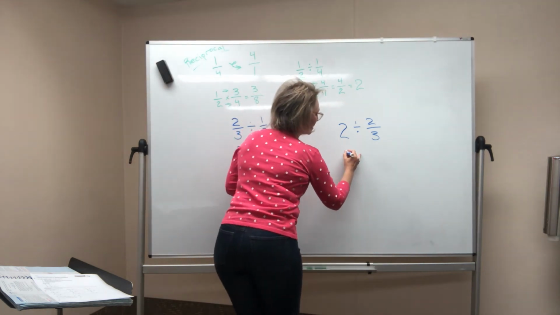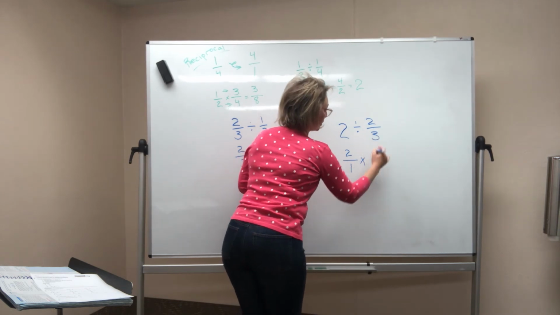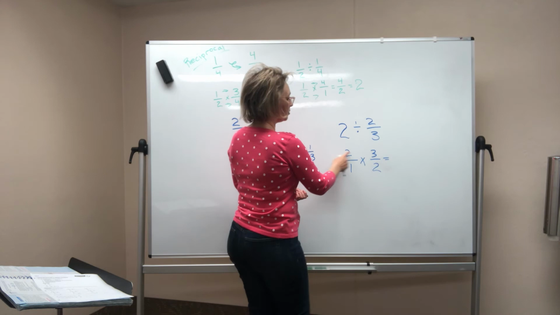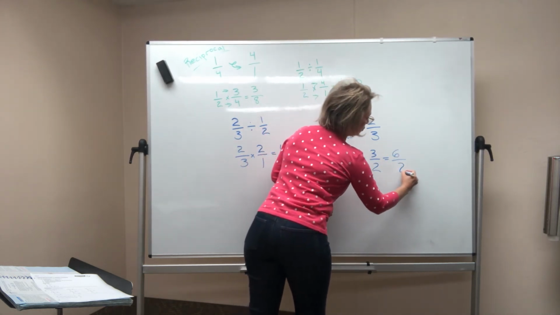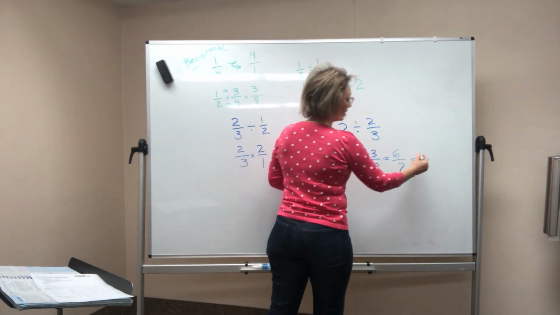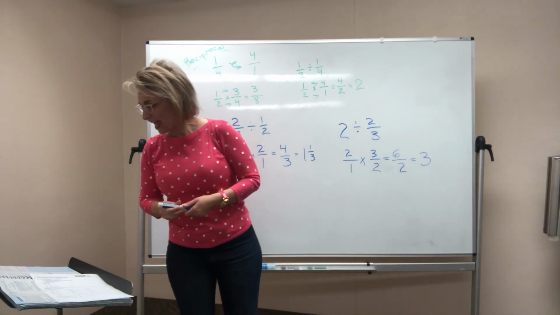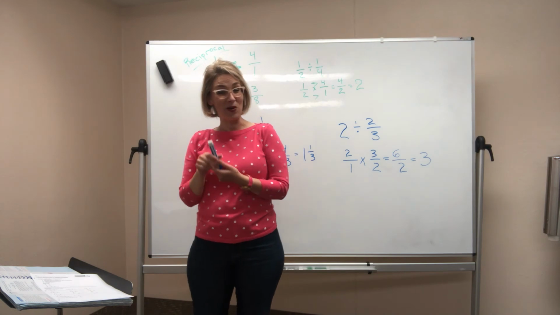So when we rewrite this, we're going to go 2 over 1 times the reciprocal, 3 halves. So now let's multiply. 2 times 3 is 6. 1 times 2 is 2. I need to reduce this because it's improper. 2 goes into 6 3 times with no leftovers. So the answer is 3. And yay, we got that right. That's what it says in the book. The answer is 3. Okay?